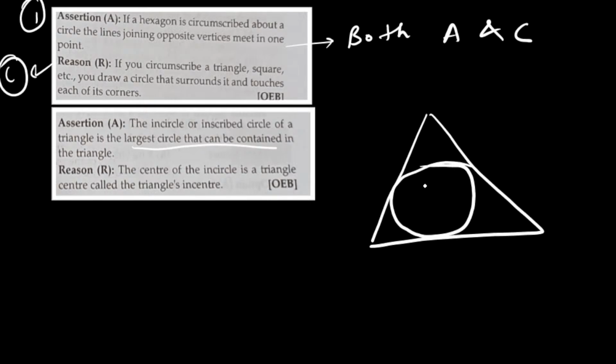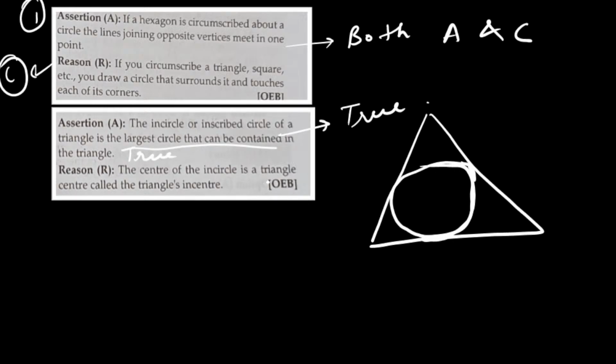Yes, that's true, because if you draw a circle which is larger than this, then the circle will come outside. This incircle touches the three sides. So three sides are in contact with the circumference of the circle. So that's why this is the largest circle. So first one is true.